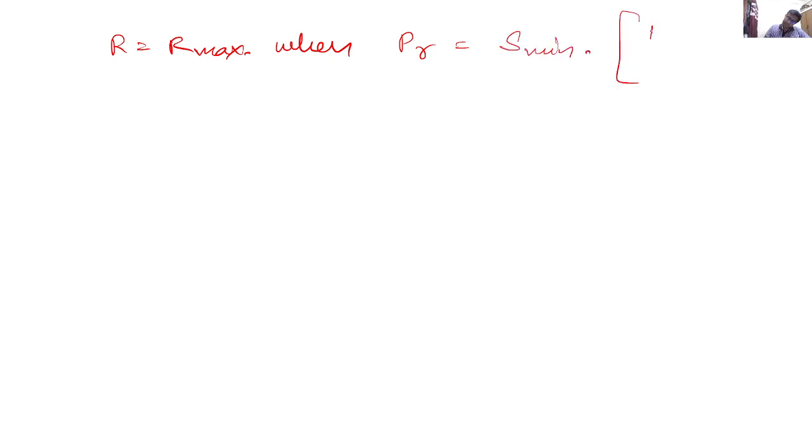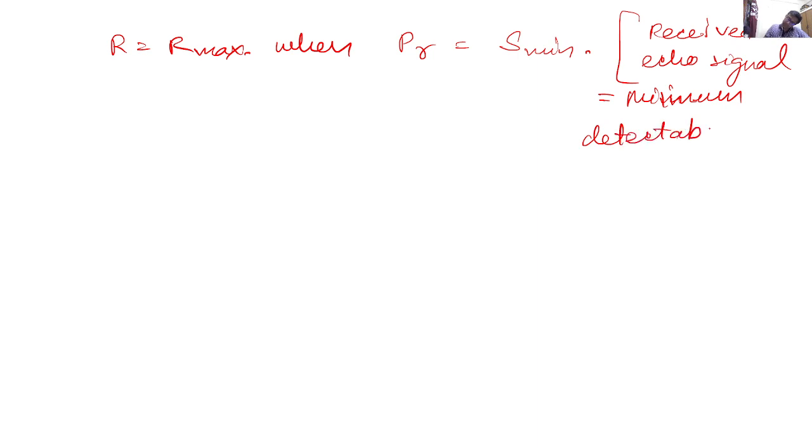Now this range would be the maximum range when the received echo signal power equals S min, the minimum detectable signal.